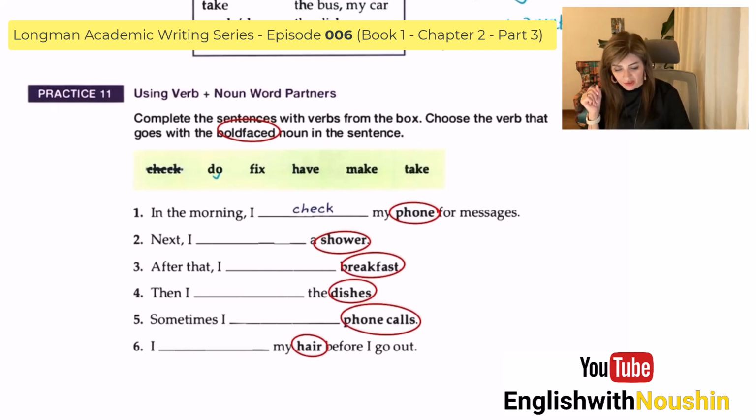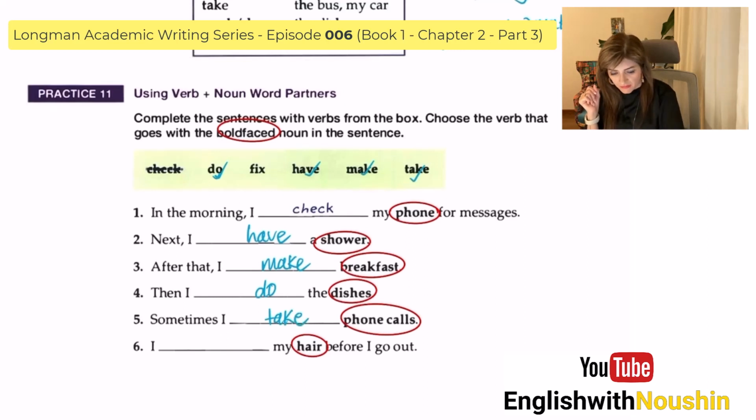In the morning, I check my phone for messages. Next, I have a shower. After that, I make breakfast. Then I do the dishes. Sometimes I take phone calls.